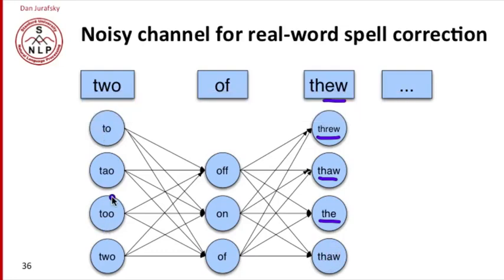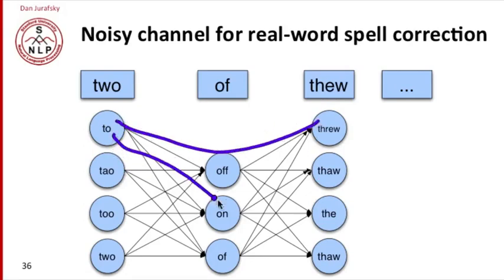So we have each of our candidate sets, and then we just want to ask, of all the possible sentences produced by paths in this graph, so here's one, two of through, here's another one, to on thaw, here's another one, two of the, and so on. For each of those possible sentences, what's the most likely one according to the noisy channel?